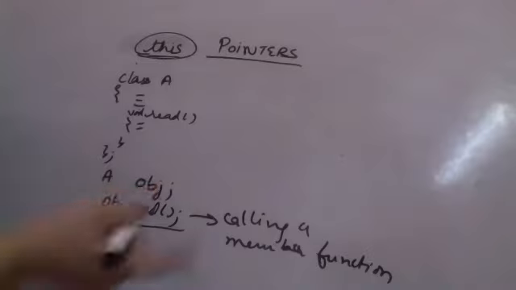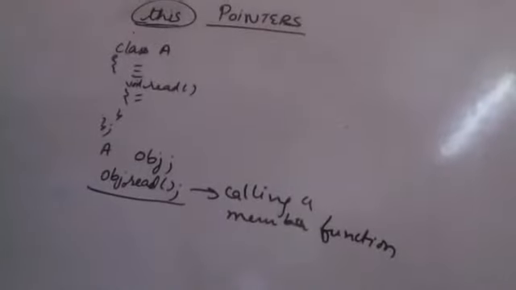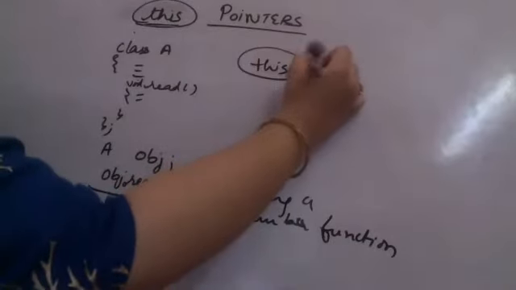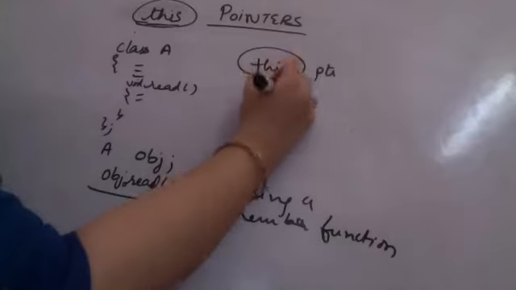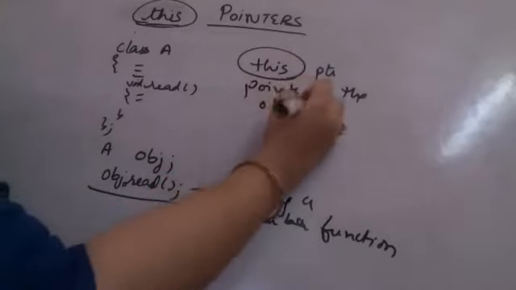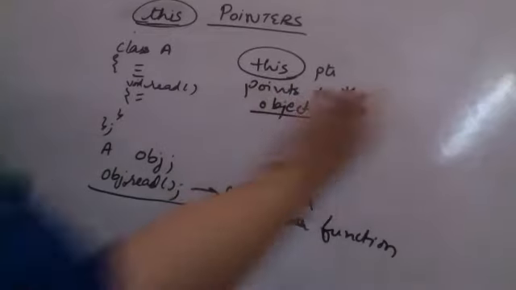The this pointer points to the object which is calling the member function of the class. I will repeat: this pointer points to the object that invokes the member function.